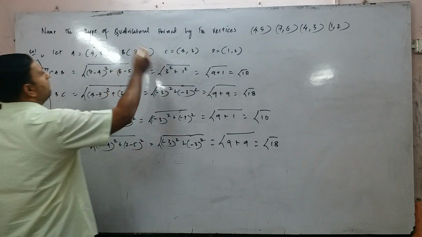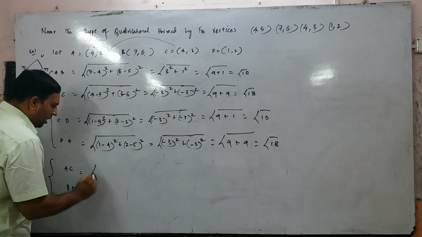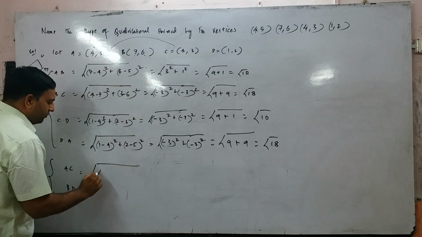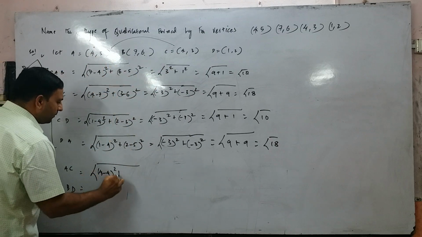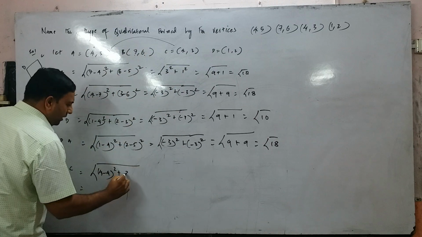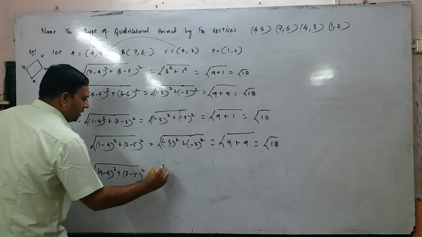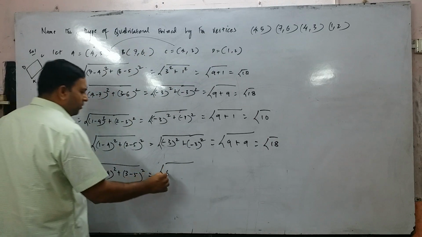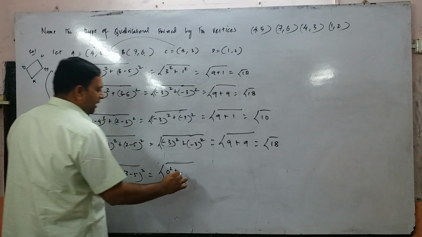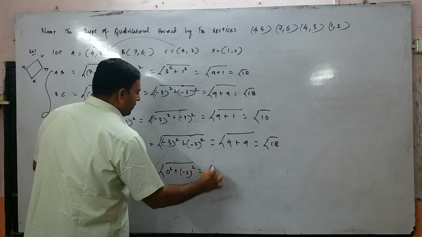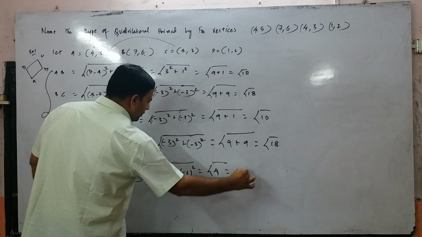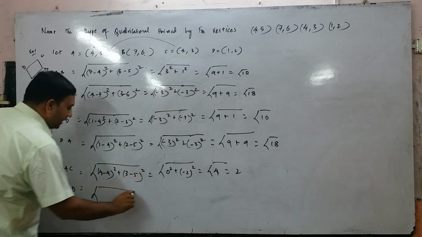Now what is AC? It is under root of (4 minus 4) whole square plus (3 minus 5) whole square. 4 minus 4 whole square is 0 square, and 3 minus 5 whole square is minus 2 square, so it is the square root of 4, which is 2. Now let us go with distance BD.